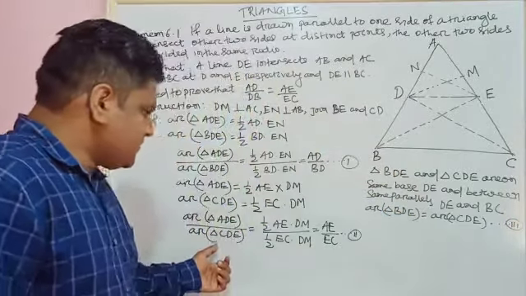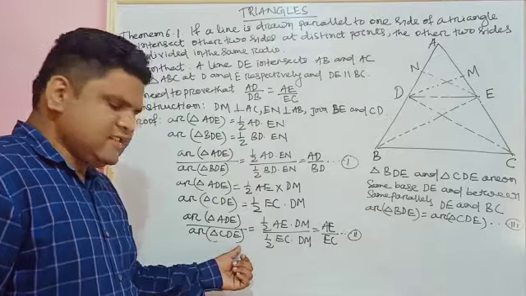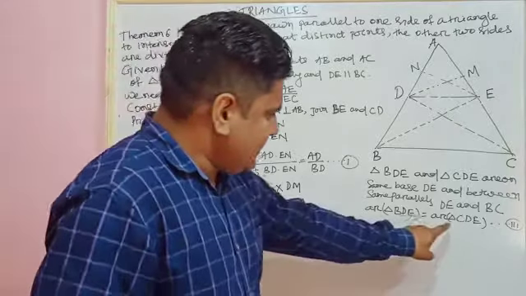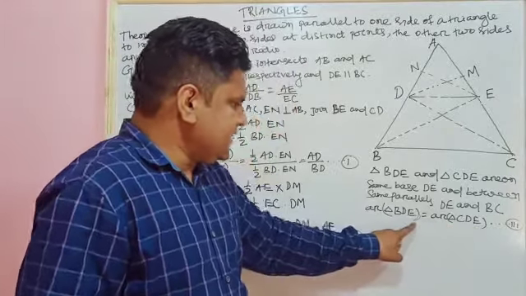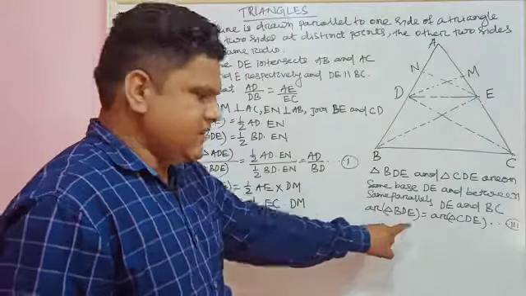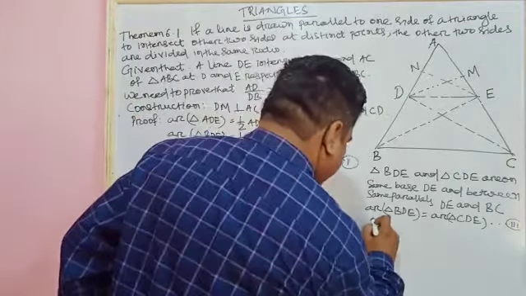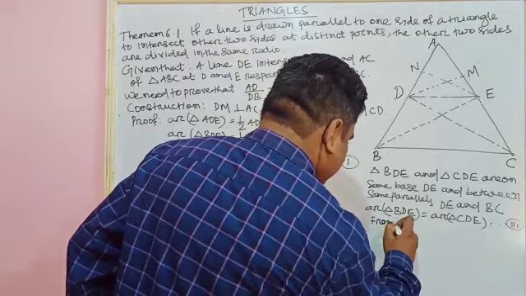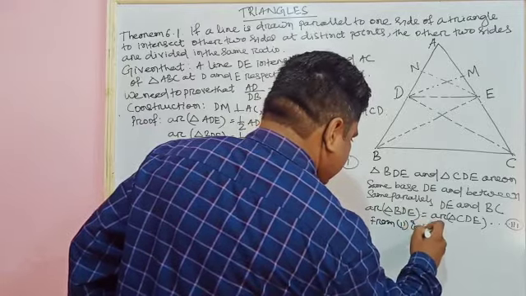Now see equation 2. Area of triangle CDE can be replaced by area of triangle BDE. So let's write this from equation 2 and 3.